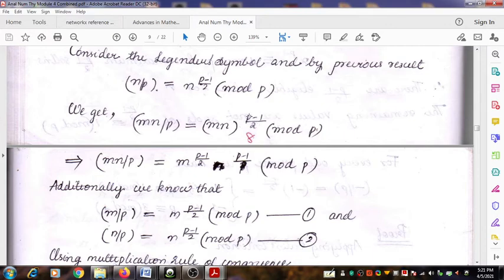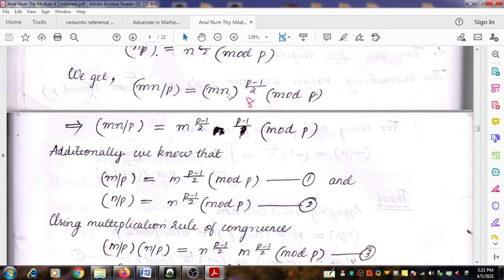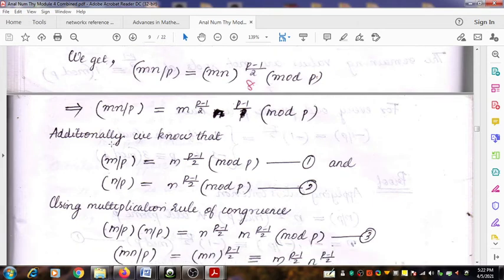Next you can separate this as the product of the powers of two numbers: (mn/p) is m raised to (p minus 1) by 2 into n raised to (p minus 1) by 2, mod p.